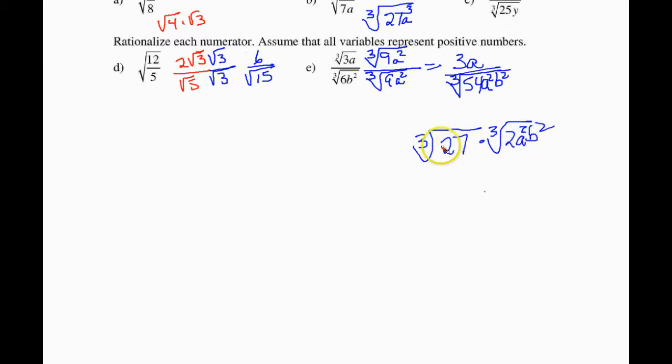And what does this become here? Well, this becomes then 3a, and the cube root of 27 is 3, times the cube root of 2a squared b squared. And this is the answer they give down below.